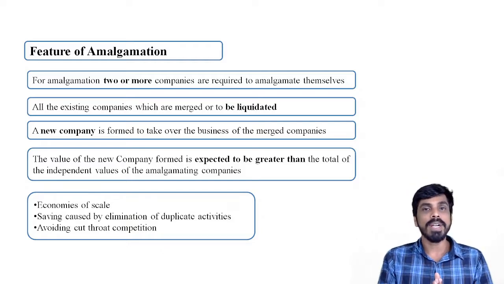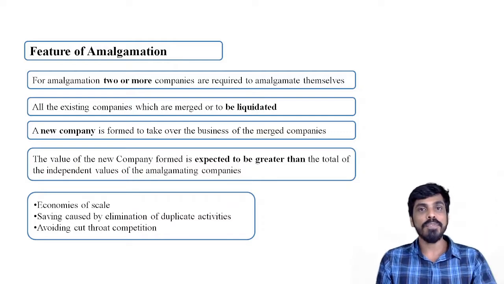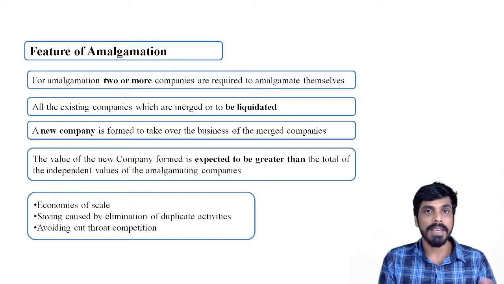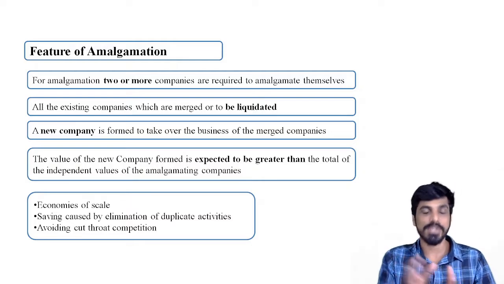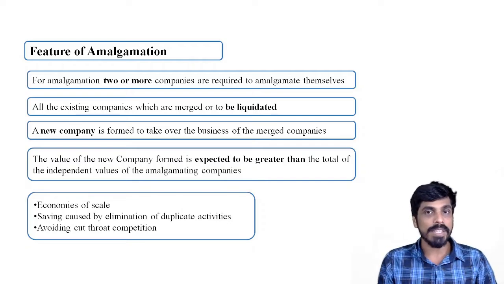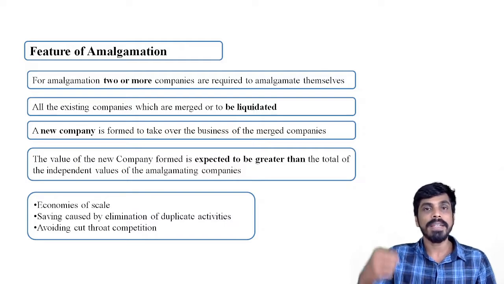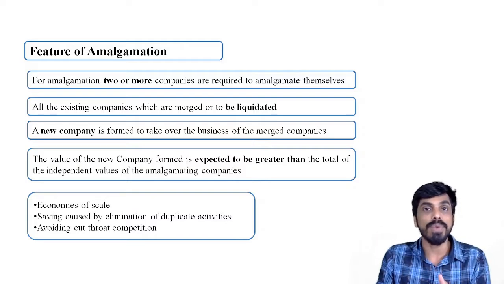And what will be the value of these two companies? For example, Vodafone and Idea, individually they have some values. Maybe they have a worth of rupees 1 lakh each. Fine, that will be better. And if these two companies were liquidated and a new company takes over the business of these two companies, definitely we have a worth of 2 lakh, isn't it?